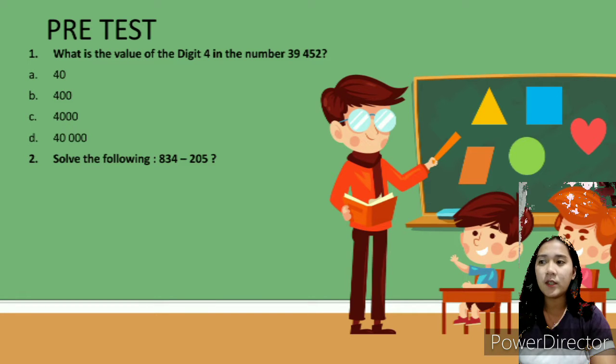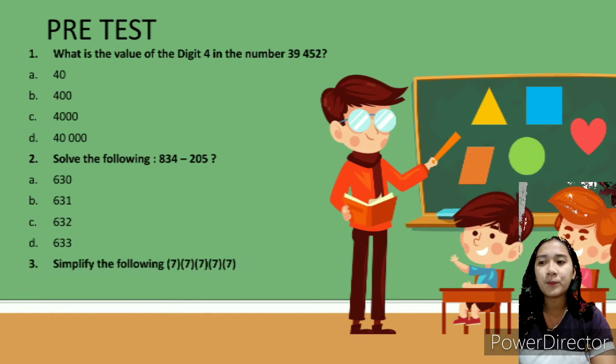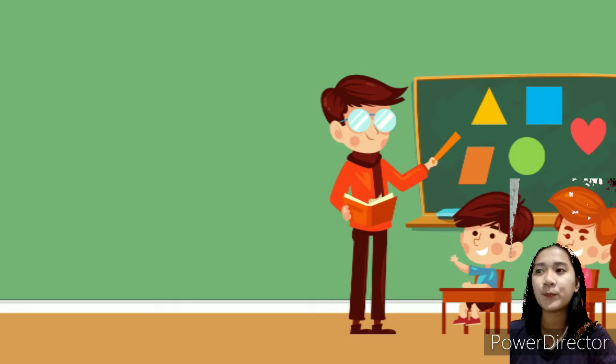A. 630, B. 631, C. 632, D. 633. Number 3. Simplify the following: 7 to the 5th power. A. 16,807, B. 16,808, C. 16,809, or D. 16,810.